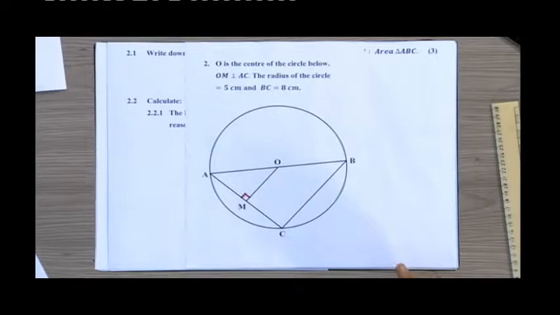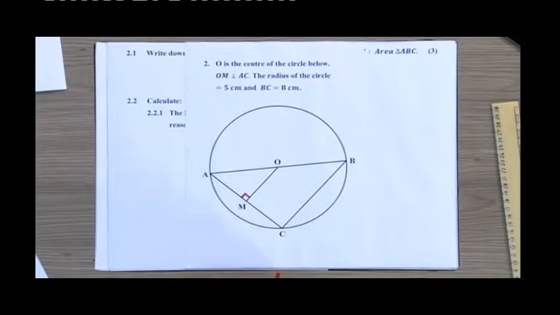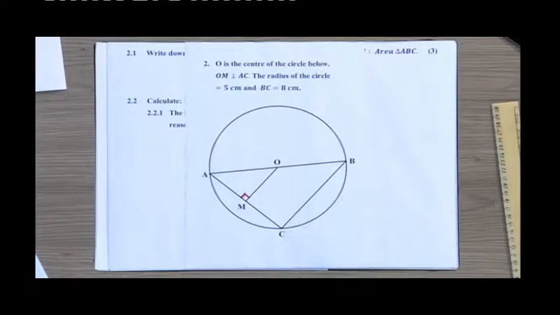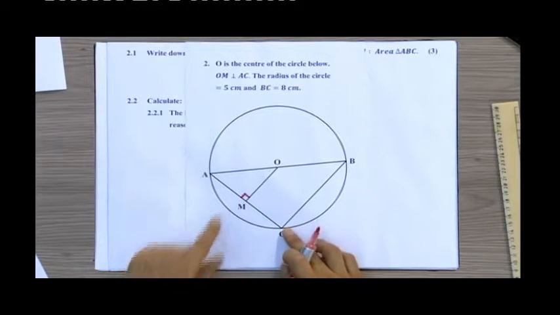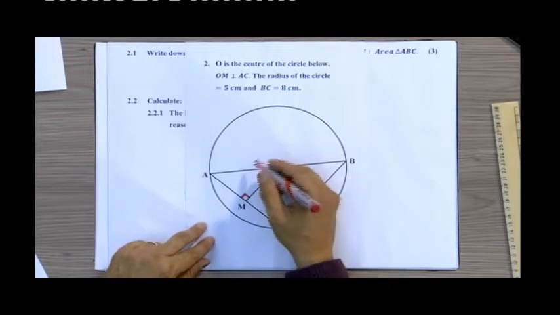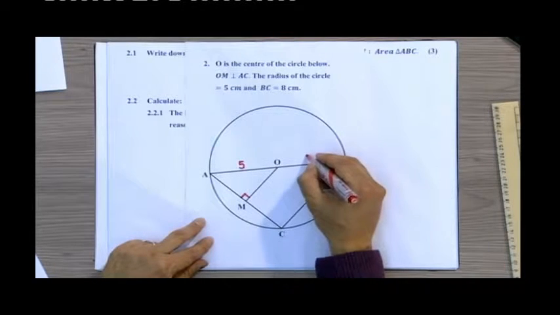The radius of the circle is 5 centimeters. Now we know what the radius is: it's a line from the center of a circle to any point on the circumference. Remember, OM is not the radius, because OM is not on the circumference. So if the radius is 5 centimeters, that is 5 and that is 5.